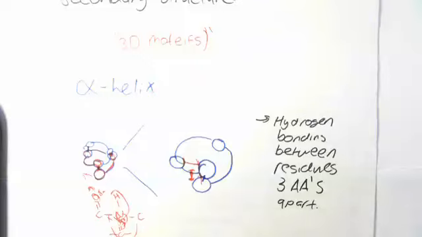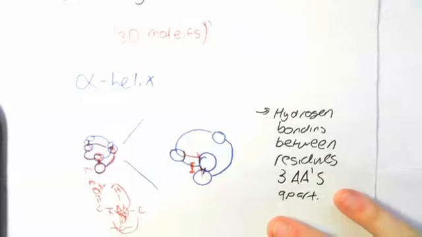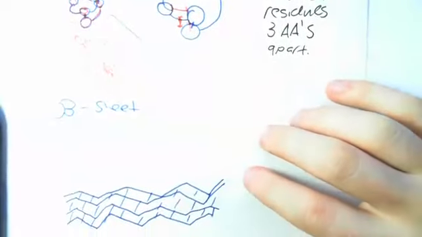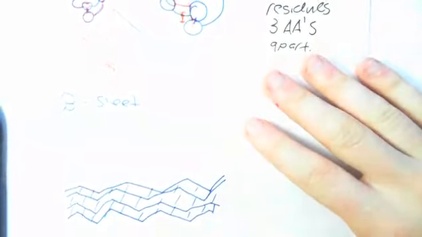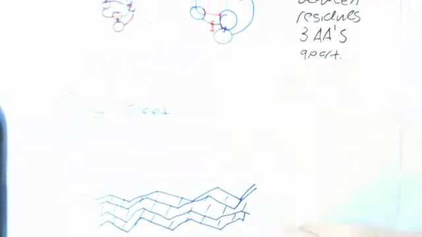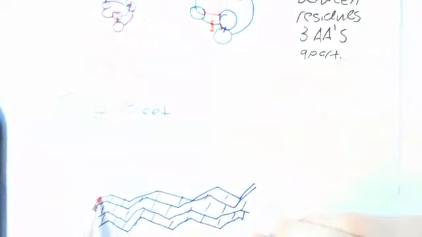So along with the alpha helix, there's one other main type of secondary structure motif, and that's the beta sheet. In the beta sheet, instead of a helical pattern, the strands are adjacent to each other, and they run in sort of a wave-like pattern.